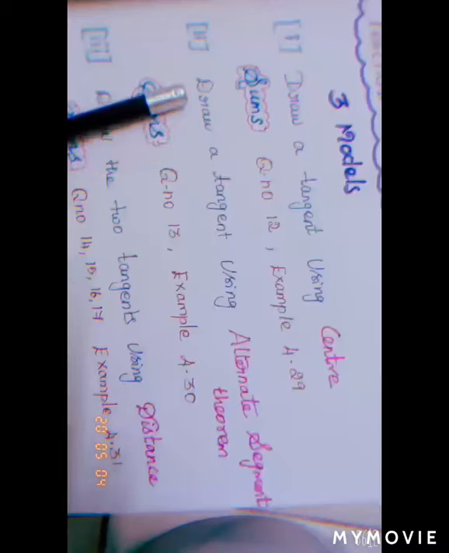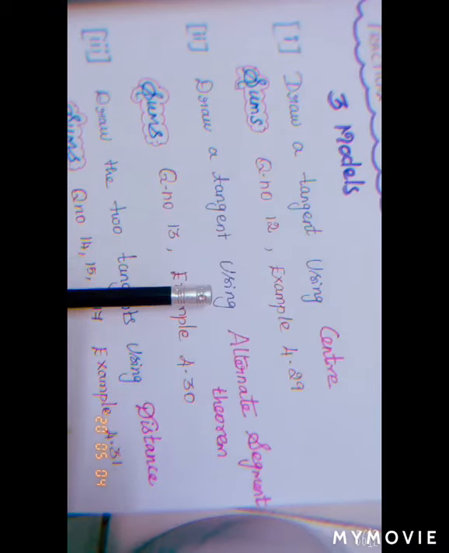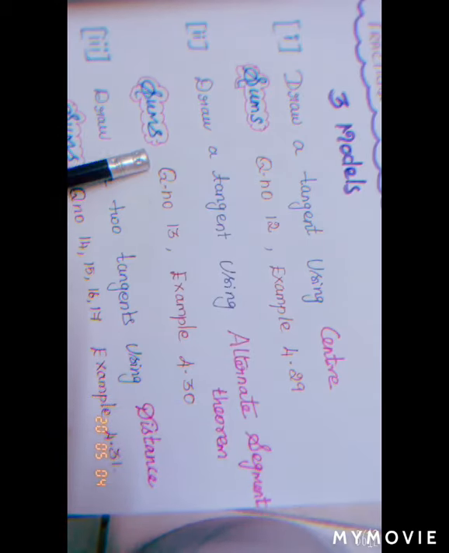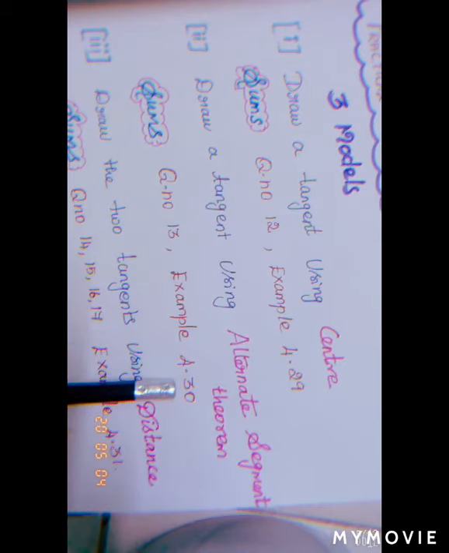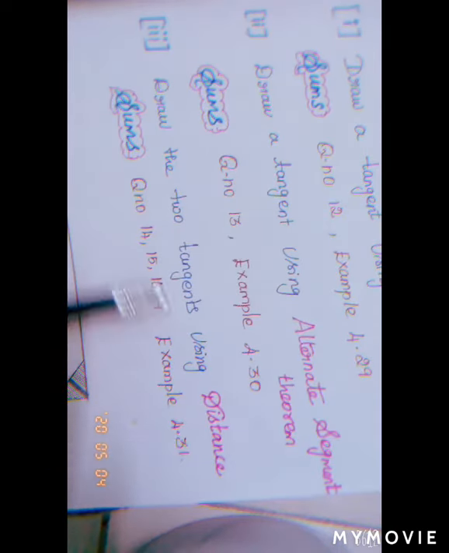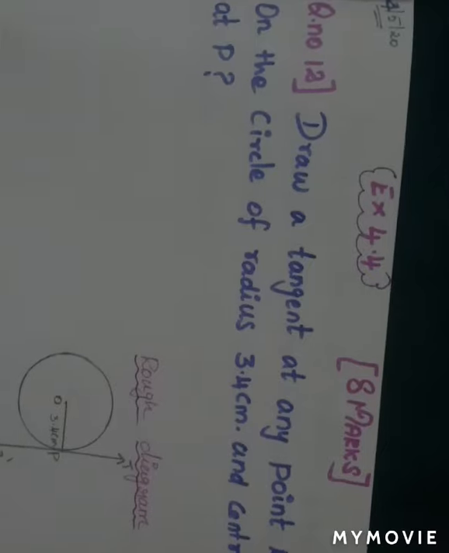The second model, draw a tangent using alternate segment theorem: question number 13 and example 4.30. The last, third model, draw the two tangents using distance. We have question number 14, 15, 16, 17 and example 4.31 in this model.